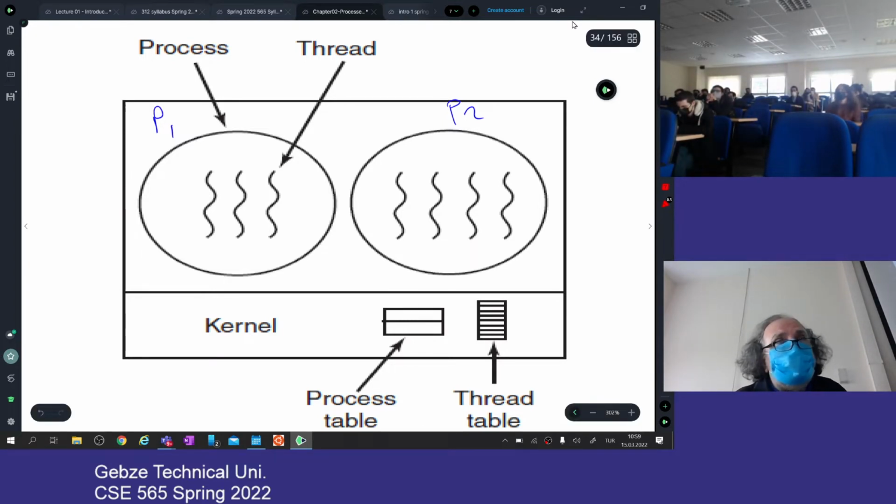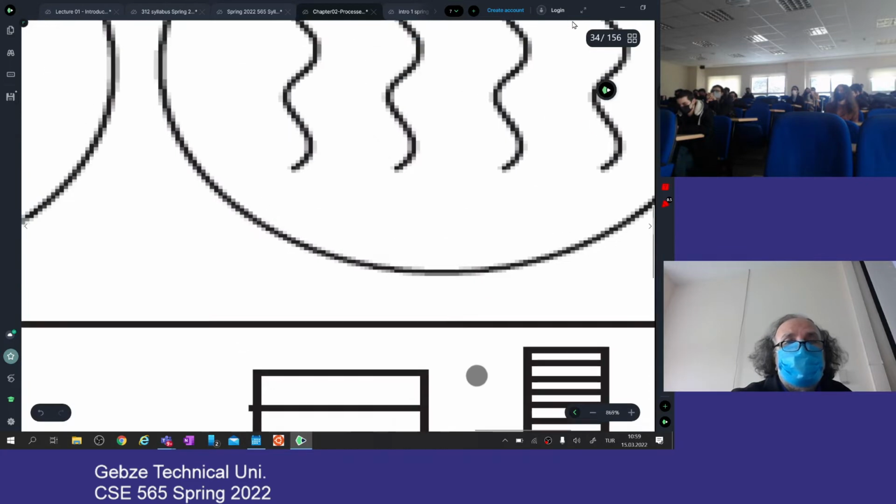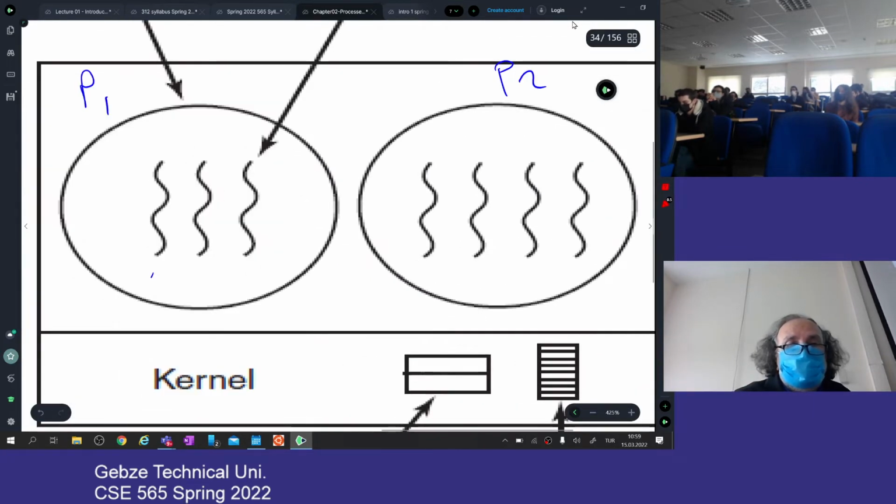But I know that this process has 3 threads in it. So let's say this is T11, T12, and T13.